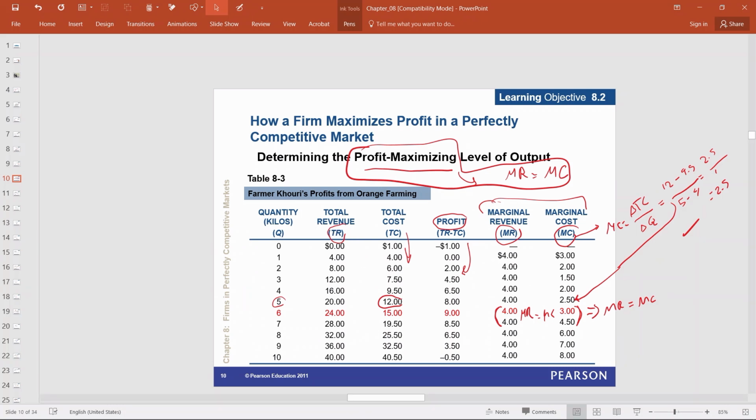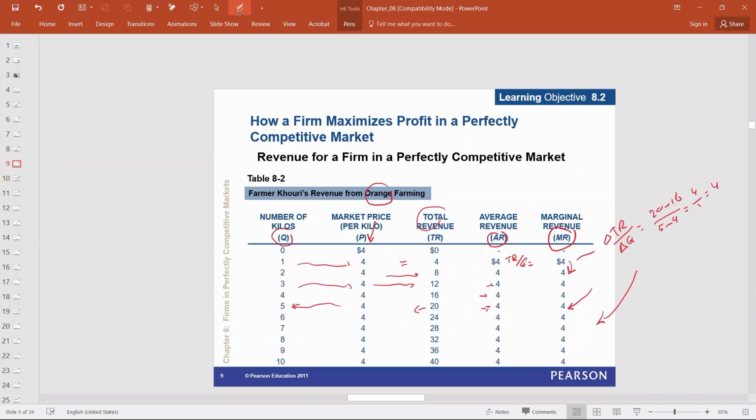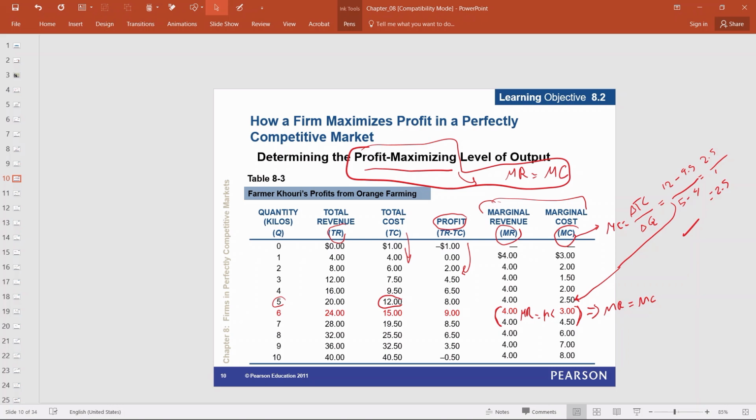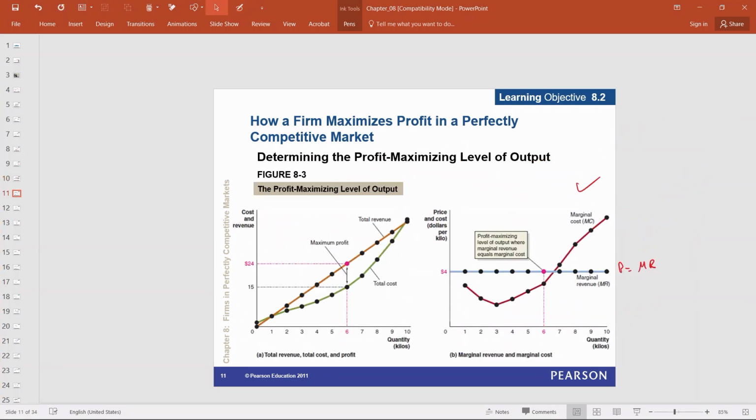Now this is marginal revenue, but look at the price in the slide before: the price is set at 4, and in the next slide we figured out marginal revenue to be also constant like the price. So in a perfectly competitive market, the price always equals marginal revenue. That's why in this curve marginal revenue and price are the same.